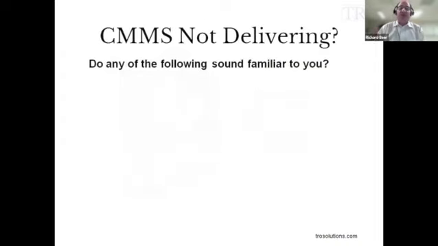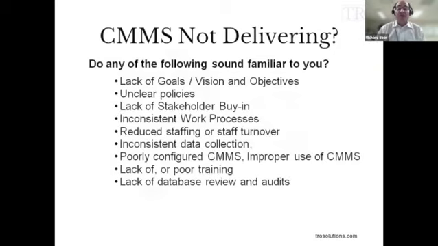So, question, do any of the following sound familiar to you? Lack of clear goals, visions, and objectives. As stated earlier, without a clear vision and goal of what you're trying to achieve, it becomes a challenge to determine what kind of software, what field usage you want to have, etc. Unclear policies.